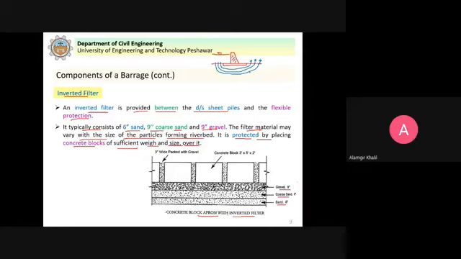The hydraulic gradient, clear, this is H, and if we have the length L of the path the water seeps below this here, so the hydraulic gradient is H by L. This should be within safe limits. If it exceeds a critical value, what will happen is that this water will take the soil particles along.